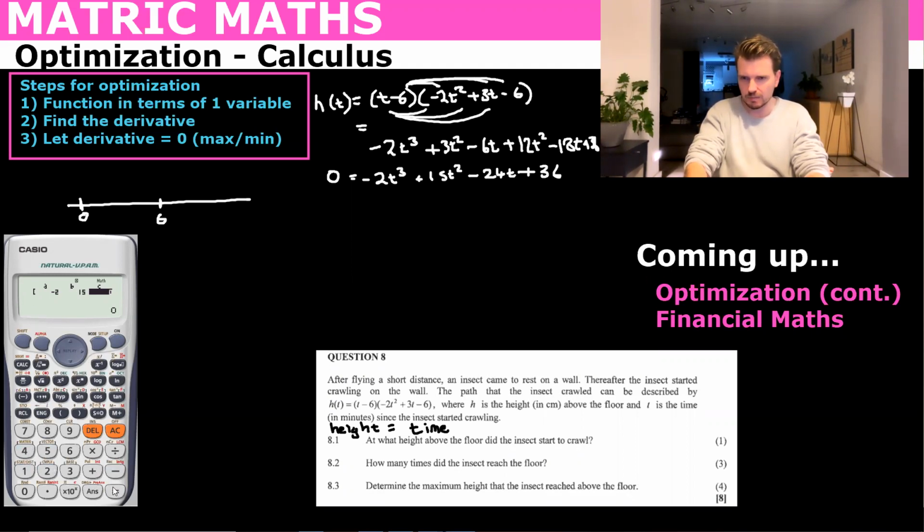Then C is minus 24, and D is 36, equals. Now I get that X1 is 6. Now this tells me i means imaginary, and X2 is also imaginary.